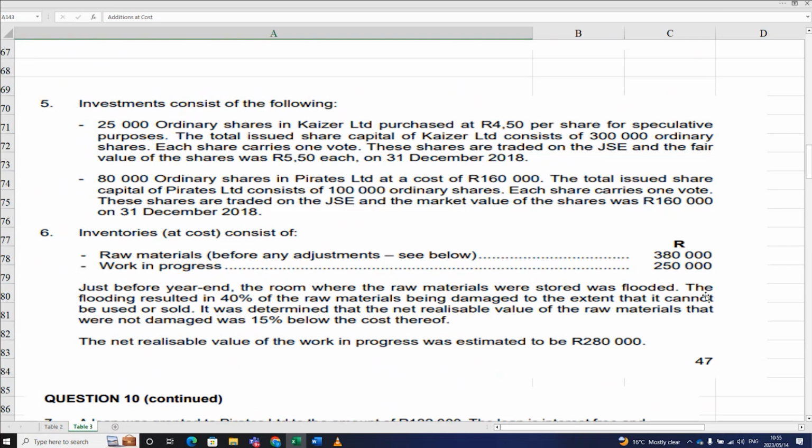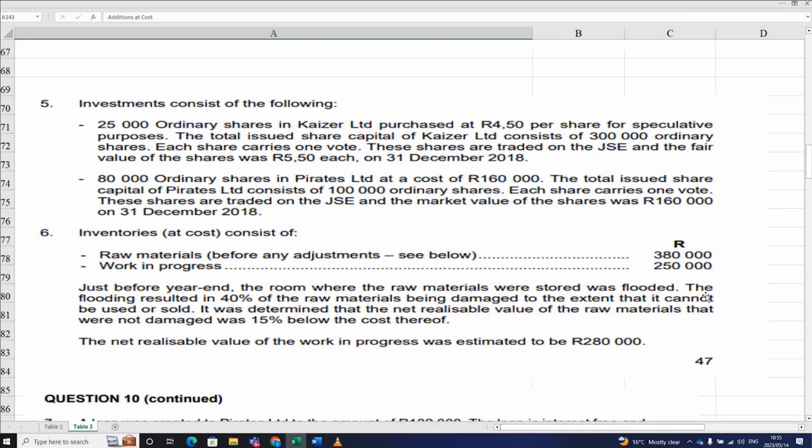Each share carries one vote. These shares are traded on the JSE, and the fair value of these shares was 550 each on 31 December 2018. So these ones are for speculative purposes, carried at fair value through profit and loss. So we know that they come under current assets.